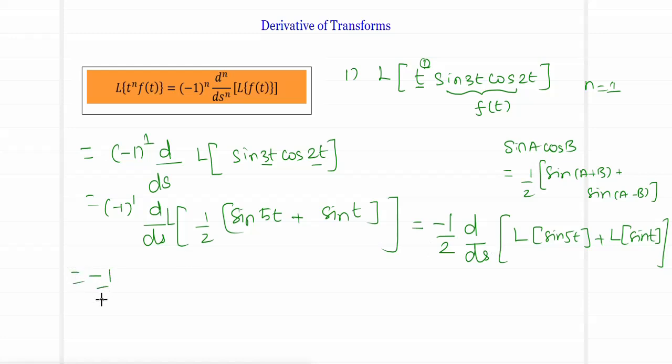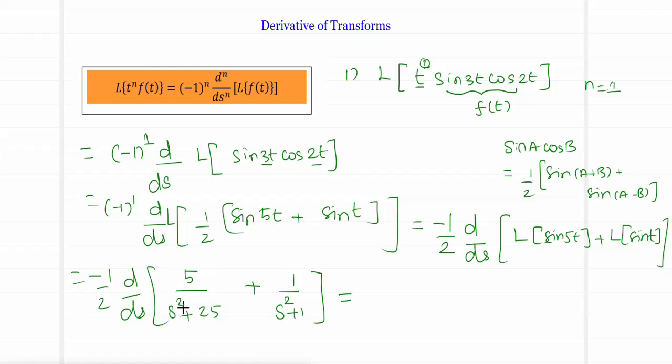So this gives me d/ds of, what is Laplace of sin 5t? This is going to be 5 in the numerator over s squared plus 25. What is the next term? Laplace of sin t, which is 1 divided by s squared plus 1. Now I will have to differentiate this quantity.